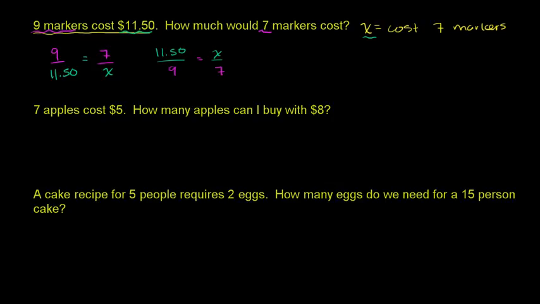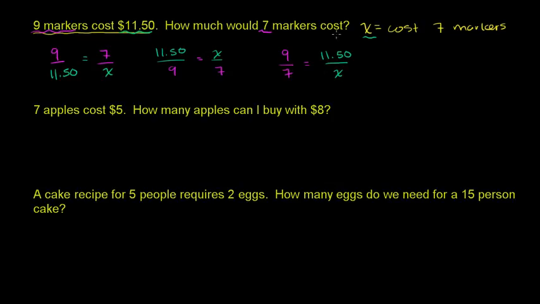You could also think about the ratios in other ways. You could say that the ratio of 9 markers to 7 markers is going to be equal to the ratio of the cost of 9 markers to the cost of 7 markers. And then obviously you could flip both of these sides.